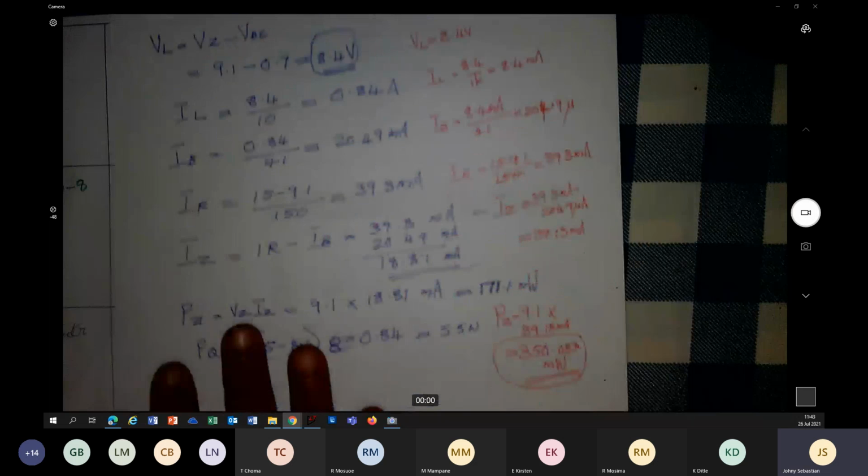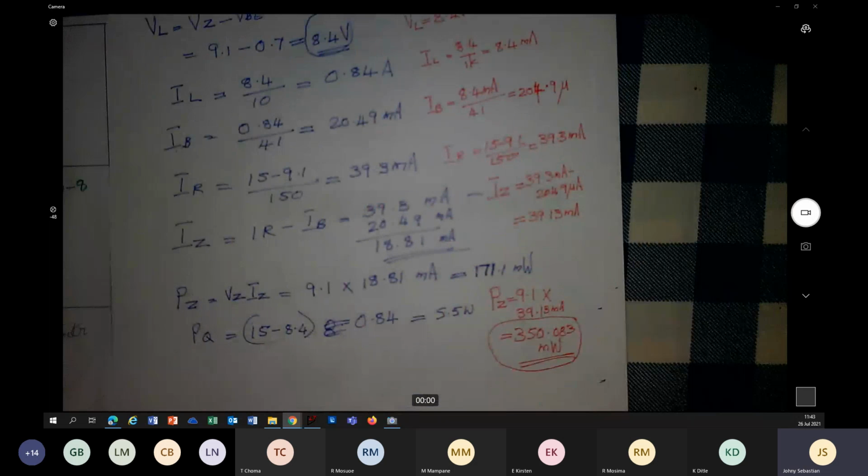Now we understand this series voltage regulator that we worked out. This is not the best series voltage regulator. It will work, but it has problems. So basically, this series voltage regulator demands more upgrading.